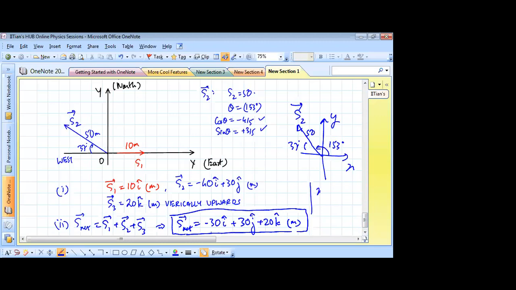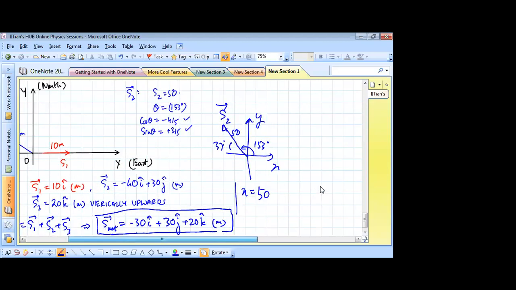So its x component is 50 cos of 153 degrees. So that is 50 into minus cos 37 degrees. So that is 50 into minus 4 by 5. So that's why it's minus 40.